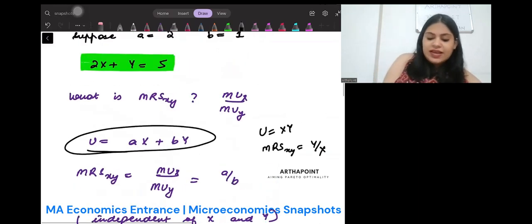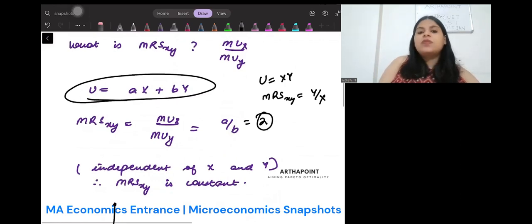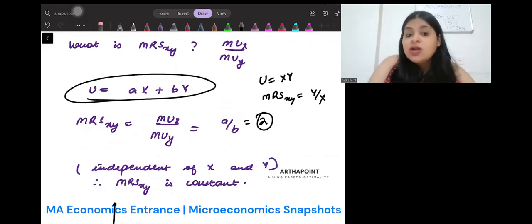So, if my A is 2 and B is 1 in this case, MRS will simply be 2. It will not be a function of X and Y. It will be independent of X and Y. So MRS will be constant, right?